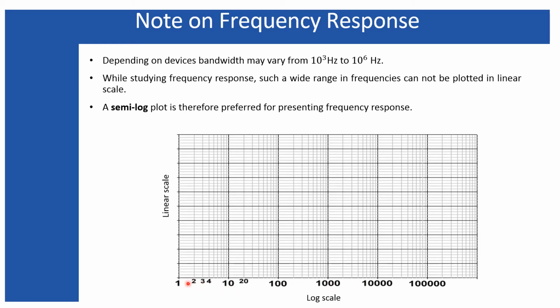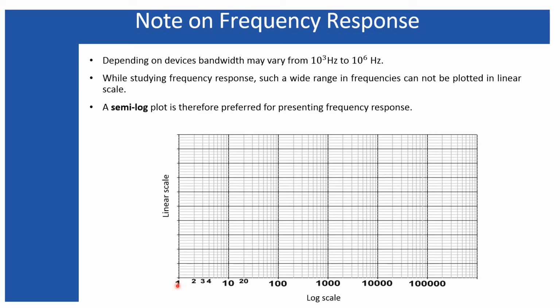In order to understand that, we first have to understand how the markings appear over here. These are the major ticks: 1, 10, 100, 1000. And in between there exist the minor ticks. Each major tick appears as 10 times the previous major tick.